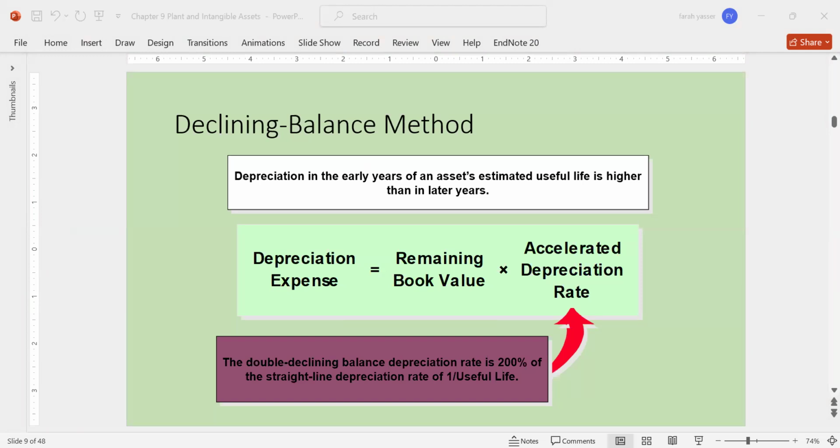Basically, this is used for assets that lose value more quickly when they are newer and more efficient. So this method is suitable for assets that lose value quickly or have higher productivity in the initial years.